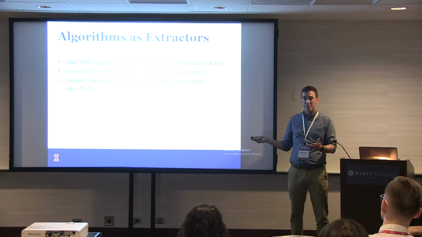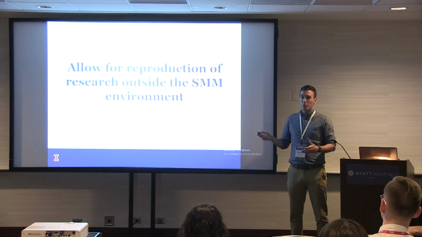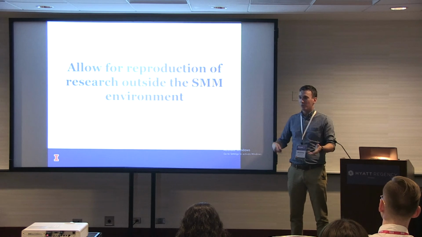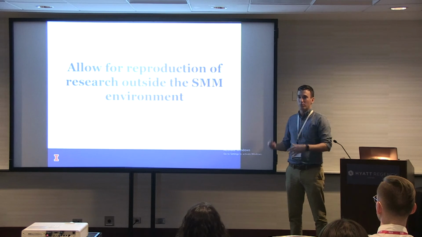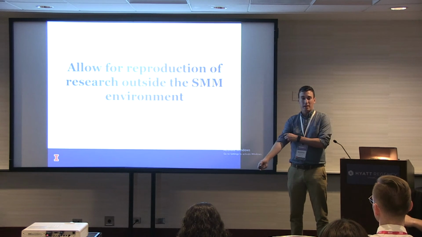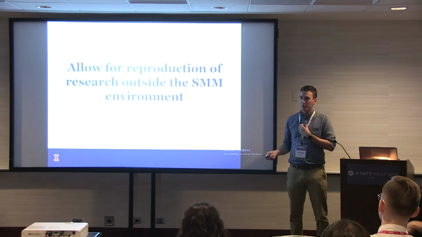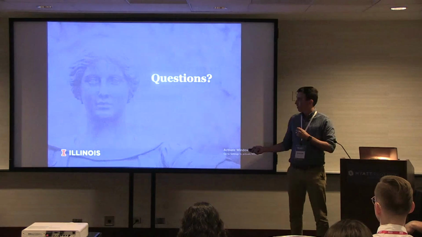What that'll allow us to do is when you get that provenance file and you send it over into Clowder, you can reproduce whatever the analysis that person did within Clowder. So you have the data set, and then you have all of these extractors to be able to run that exact same analysis without having to go all the way over to our tool, log in, and rerun it through the search. You can run it right there in Clowder.